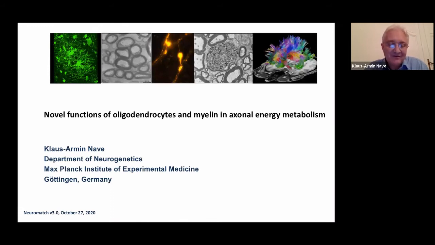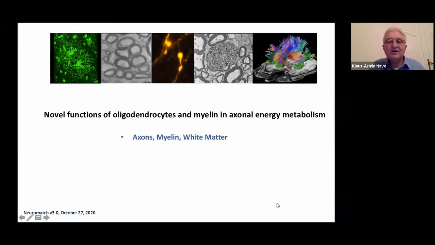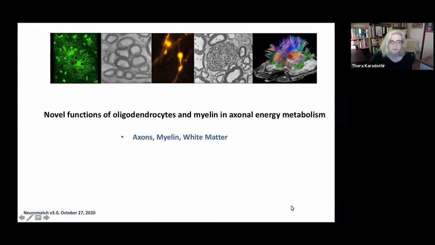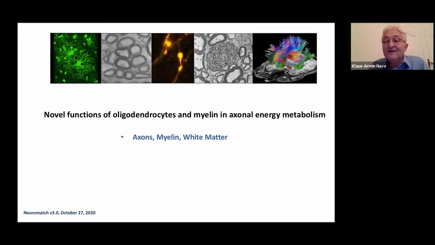Now, I would like to convince you of a new concept, which is myelin in axonal energy metabolism. I'm sure you're not familiar with that, so I assume that you're also not working on oligodendrocytes and myelin per se. So let me start very generally and begin by reminding you of what you know about myelin and white matter.